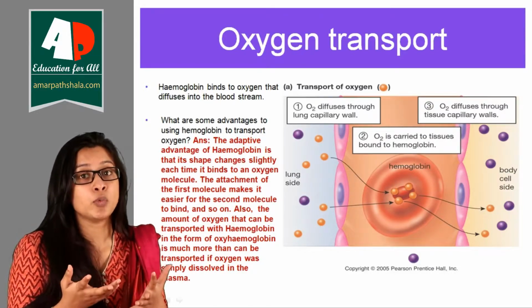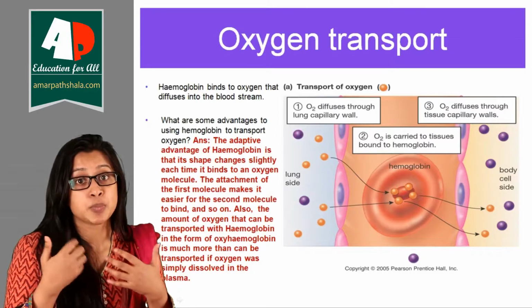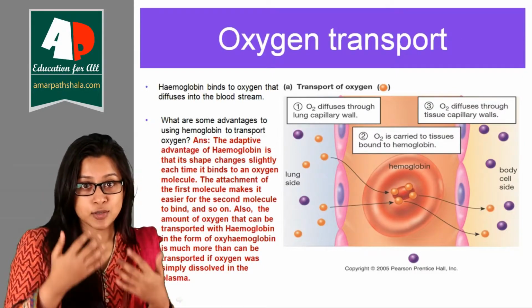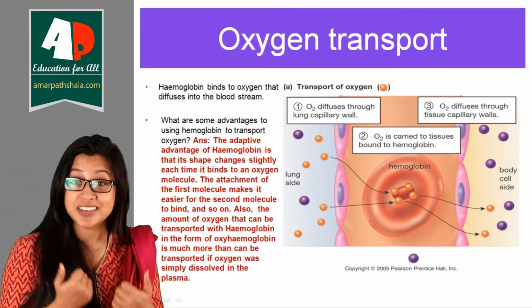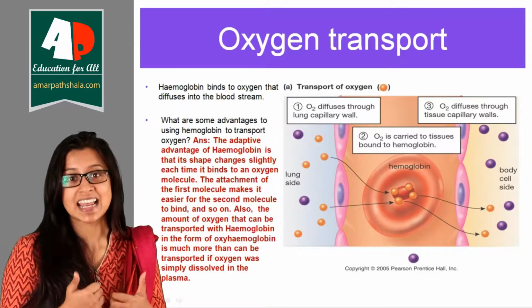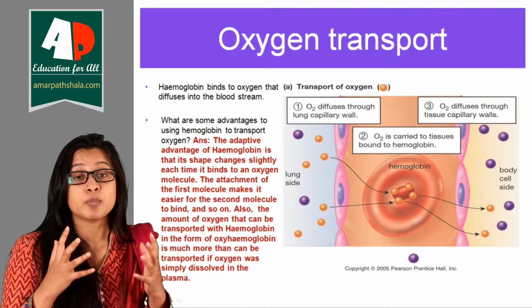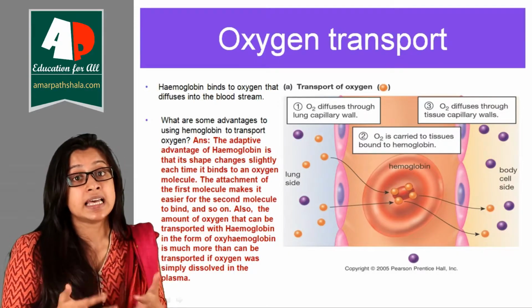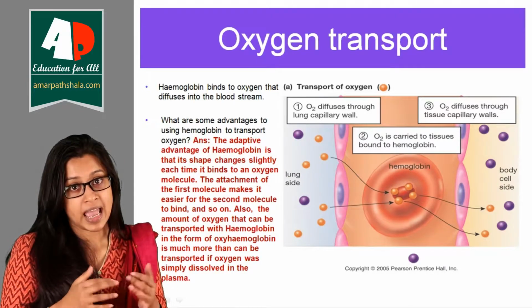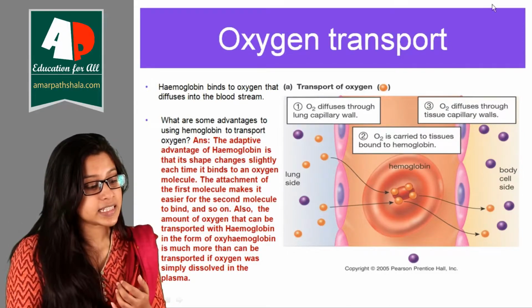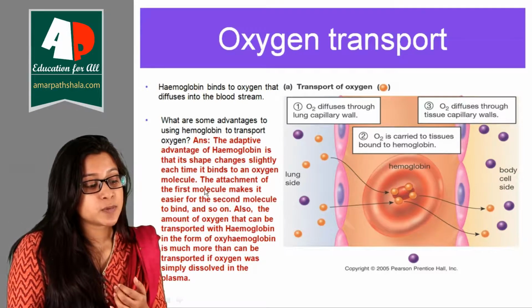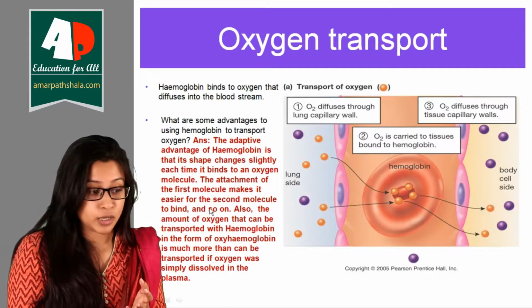And then the third one will bind much better than the second one did, and so on and on. So hemoglobin allows each oxygen molecule to bind more easily than the previous one, as you can see.